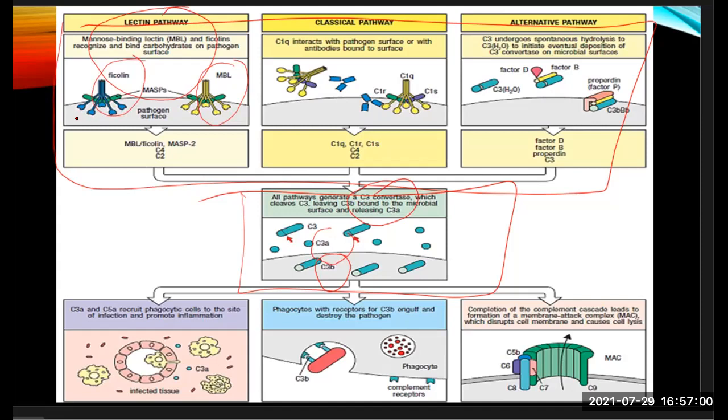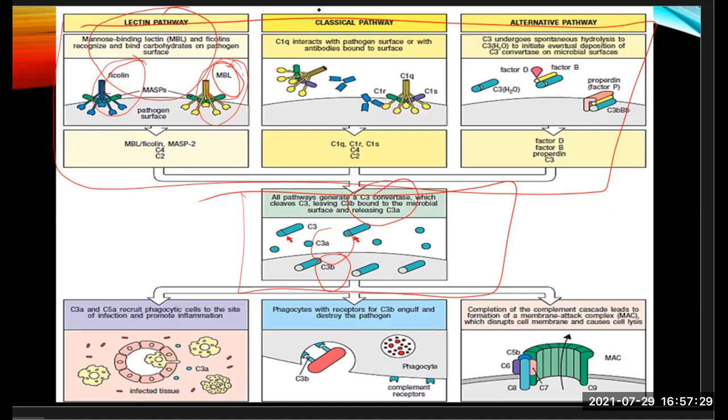So this is the microbial or pathogen surface. Mannose binding lectin, MBL, is a lectin that will bind to the mannose residues present on the pathogen surface, and ficolins bind to carbohydrate residues in microbial cell walls and capsules.